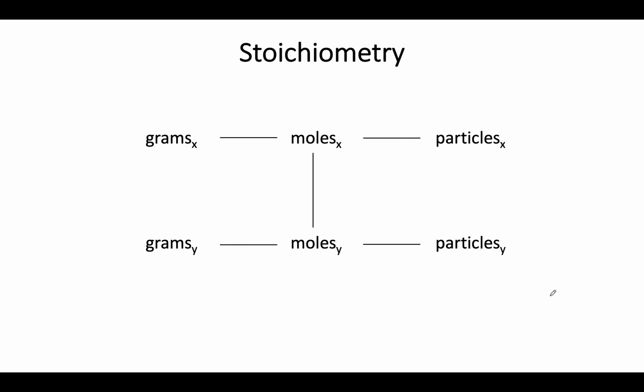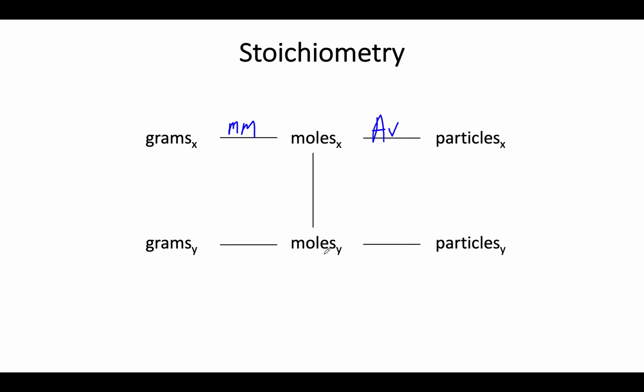So this may look familiar. This is the roadmap. So grams, moles, particles of one thing. So that's grams of X, moles of X, particles of X. So that means to go from grams to moles, that's our molar mass. Moles to particles, that's Avogadro's.